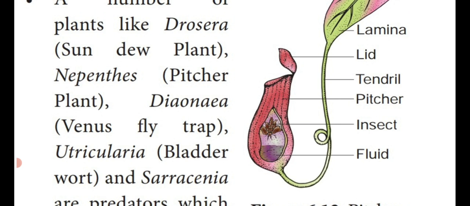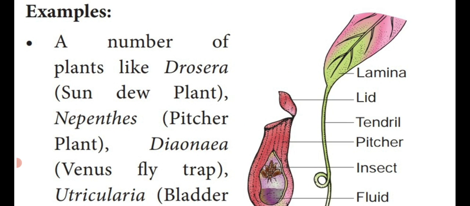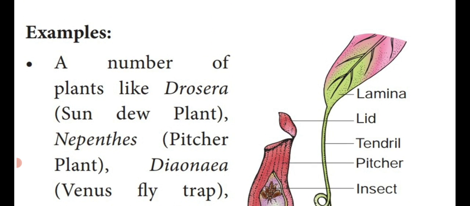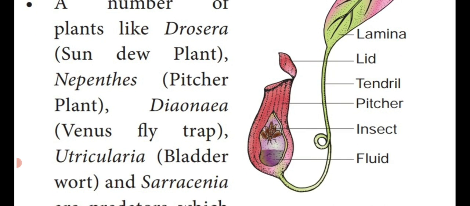See the diagram. This is the pitcher plant you studied in 11th standard, Nepenthes. The tip of the leaf, the petiole, is modified into a coiled pitcher-like structure, a jar with a lid. With the opening and closing of the lid, they capture insects, using nectar-secreting glands around the mouth of the jar.